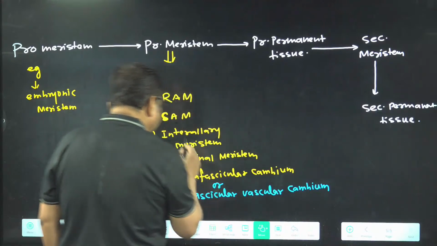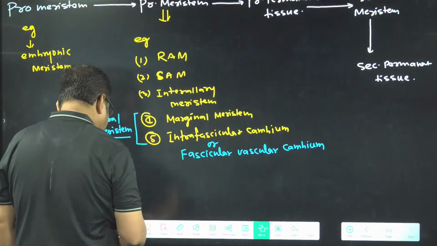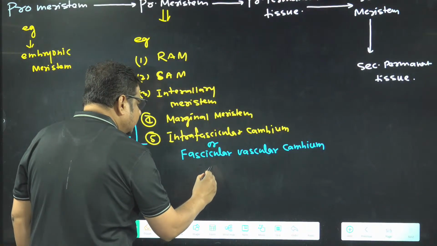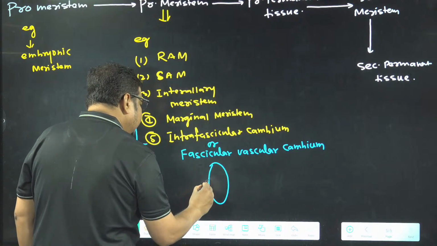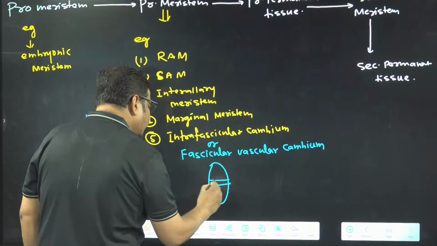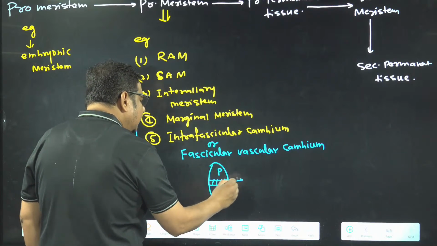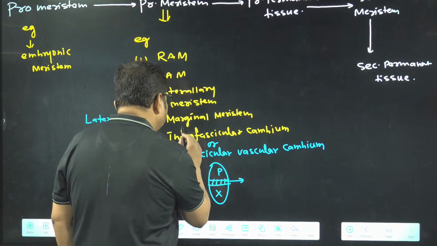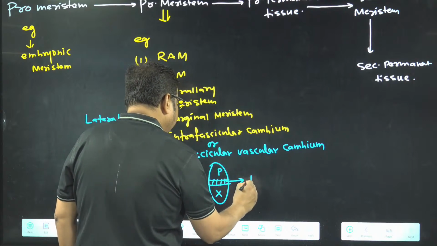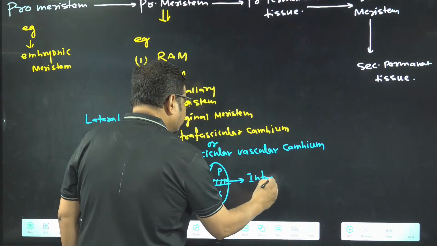And where is this cambium present? This vascular cambium is present here, you look. Here it is xylem. Here it is phloem. In between xylem and phloem in a vascular bundle, who is present?